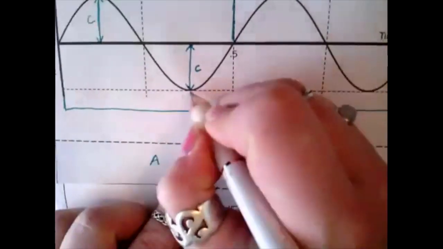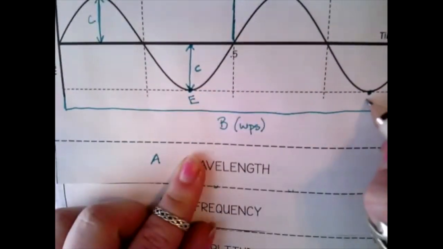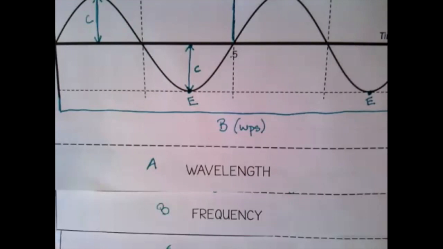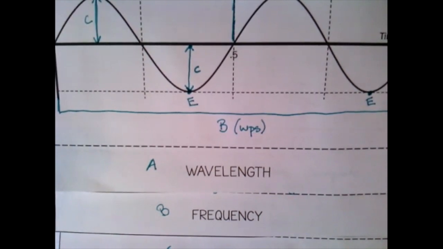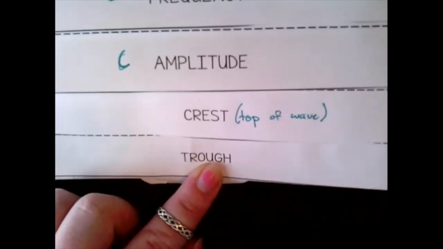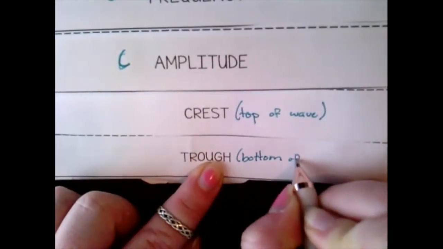So, since we figured out that our frequency was 2, we know that we also are going to have 2 troughs here. So that trough is the bottom of the wave.